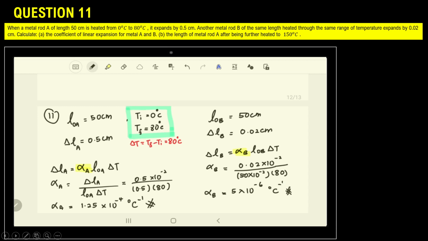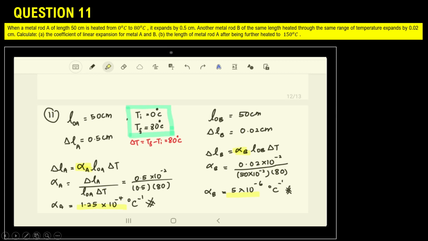Okay, so look at here, when we compare the coefficient of linear expansion for metal A and metal B, what we can say is that if the coefficient of linear expansion is bigger, it means that the object or the metal rod will expand faster.